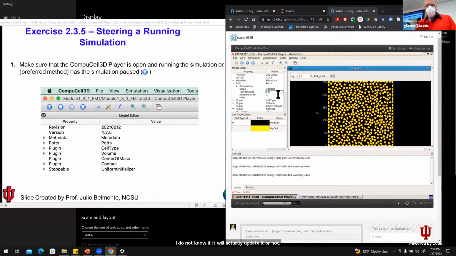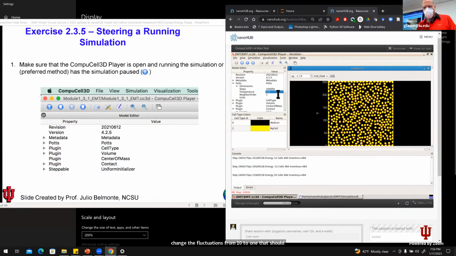I'll change the fluctuations from 10 to 1. That should freeze. If that works, all my cells will freeze. And they do. So you could change it on the fly as well. It's possible to define different fluctuation amplitudes for different cell types, but that has some subtleties to it that we're not going to get to for a while.